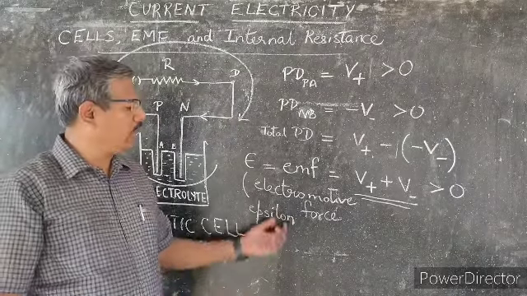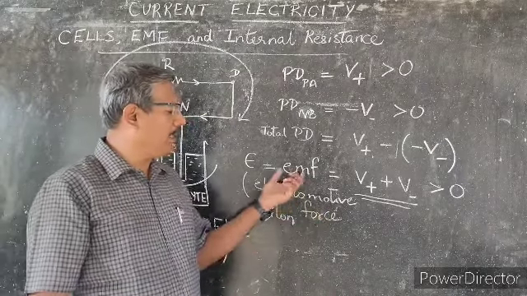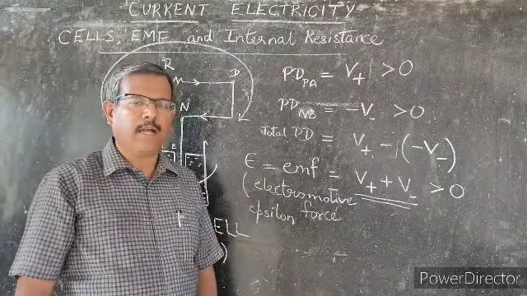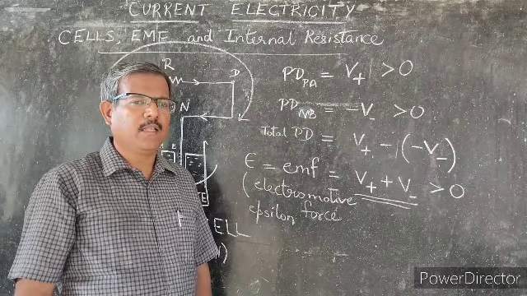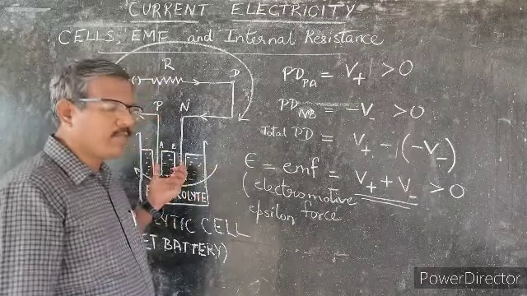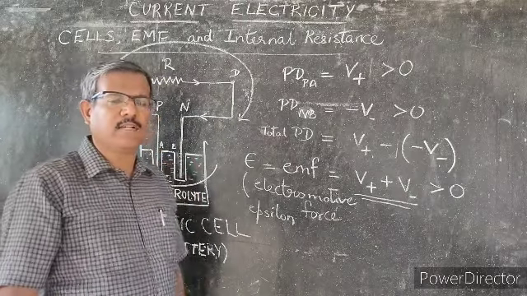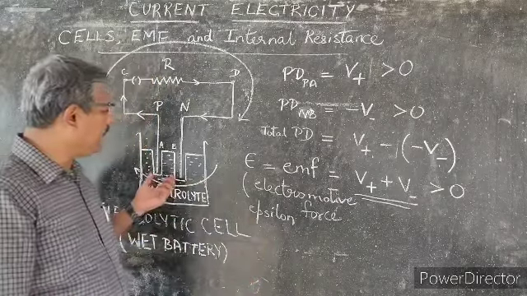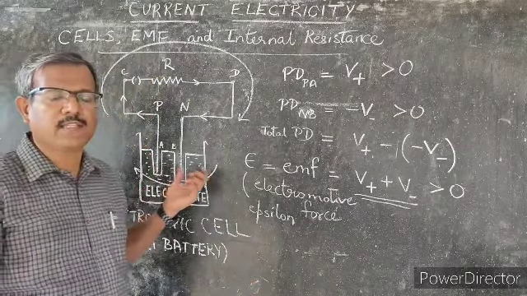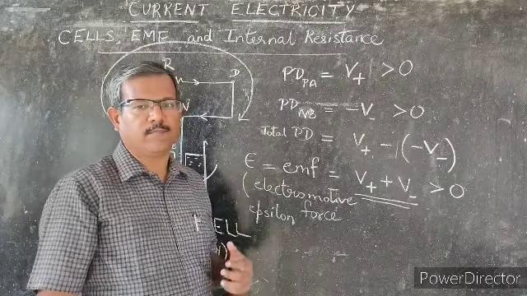Now you might be wondering, why is it called electromotive force or EMF? Partly the reason lies in history. This potential difference was discovered long before the phenomenon as to why that potential difference exists was discovered.